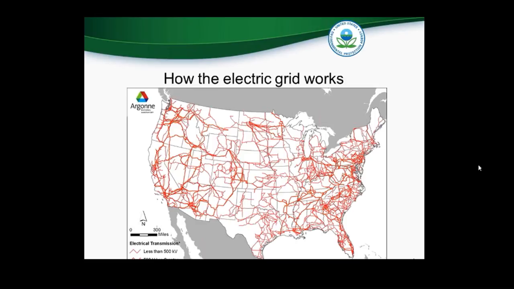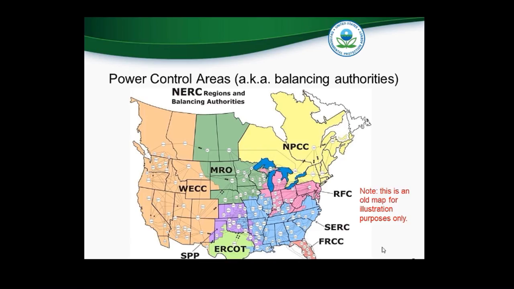Next slide, please. There are many power control areas, also known as balancing authorities, that continuously balance the demand for electricity with the amount of generation taking place, accounting for transmission constraints in all the different transmission lines. The power control areas are where the dispatch of electricity takes place.